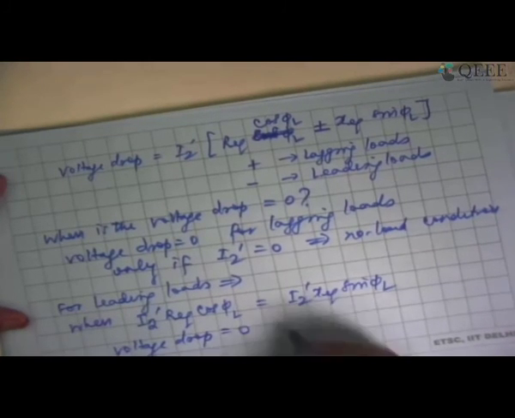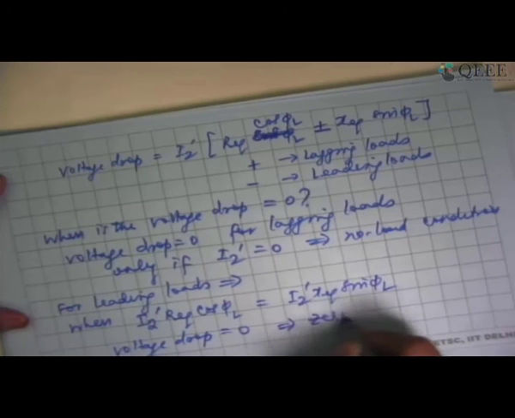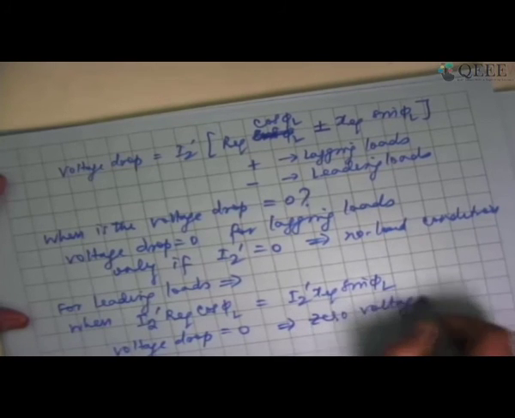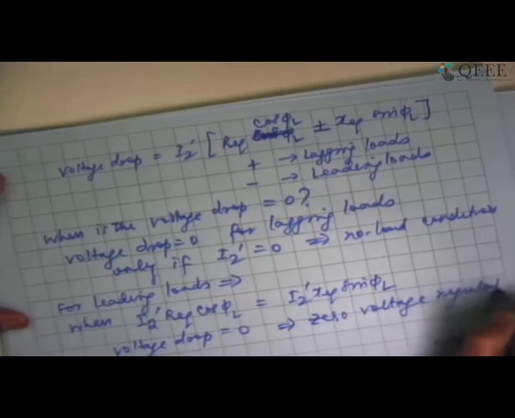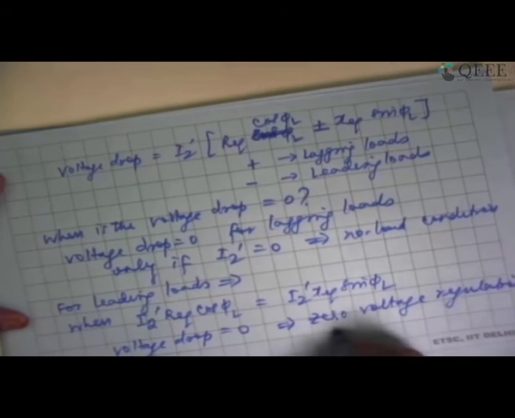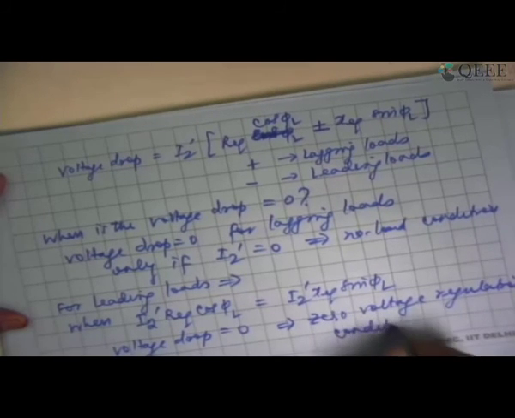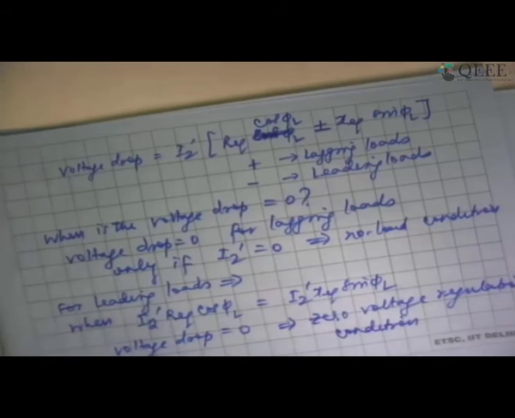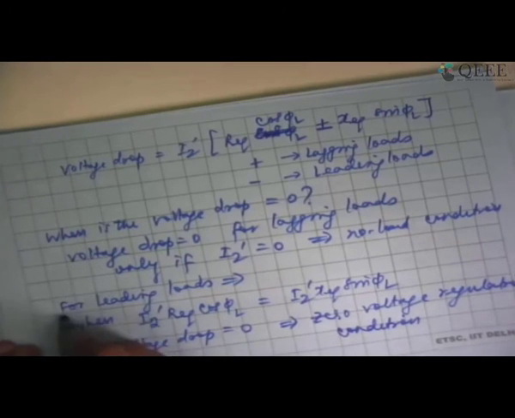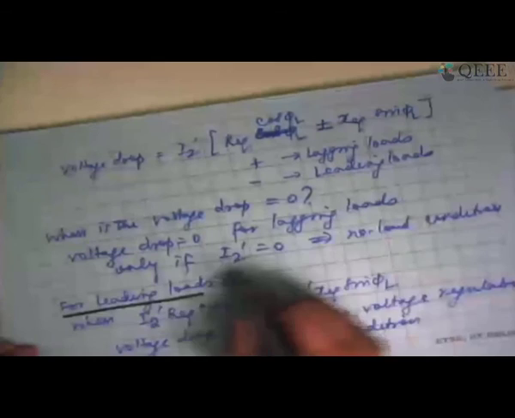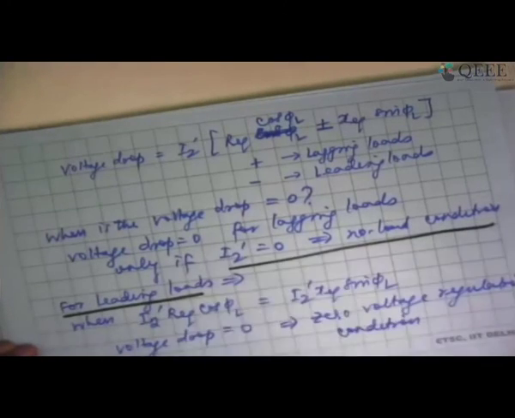So this is the zero voltage regulation condition with leading loads. So this is true only for leading loads. Obviously for lagging loads, only for no load condition, I will have zero voltage regulation.